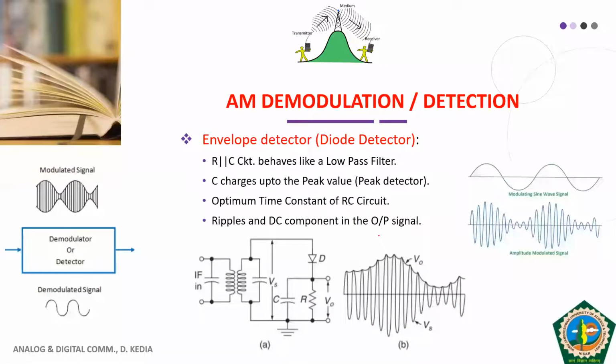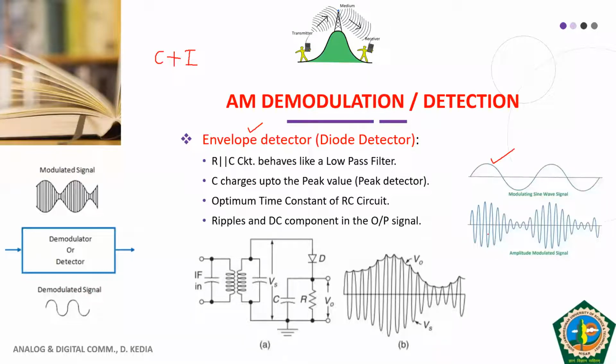So here is our circuit for the envelope detector, students. As I told you yesterday also, in our amplitude modulated signal, we have two things. One is the carrier part and another is the information signal part. C plus I, where I means information signal. Okay, so this is our information signal part.